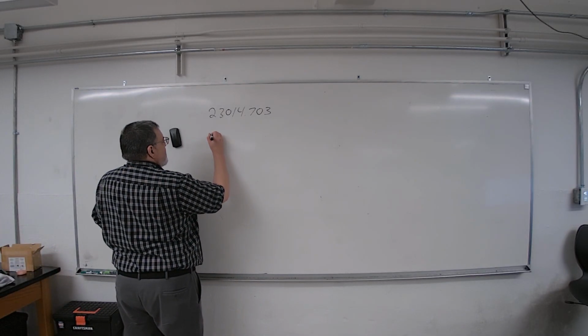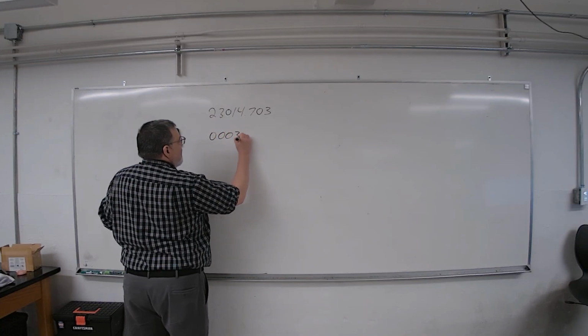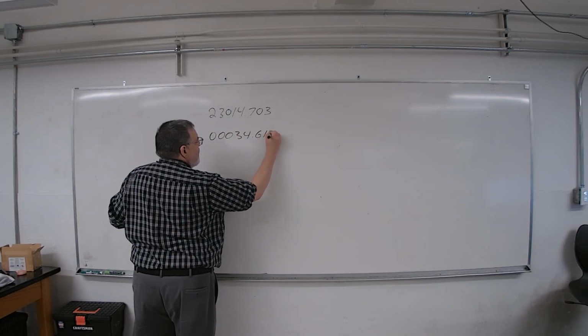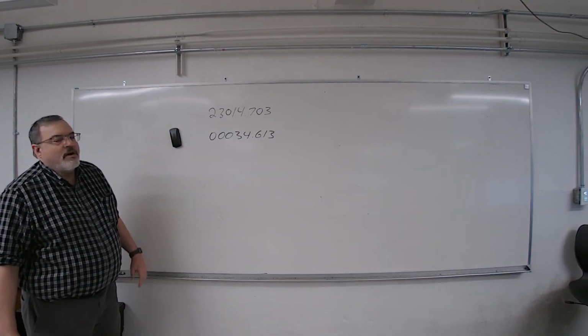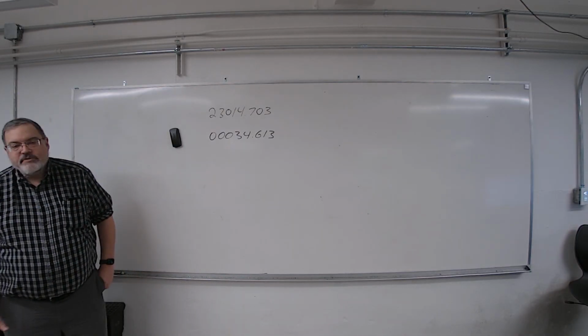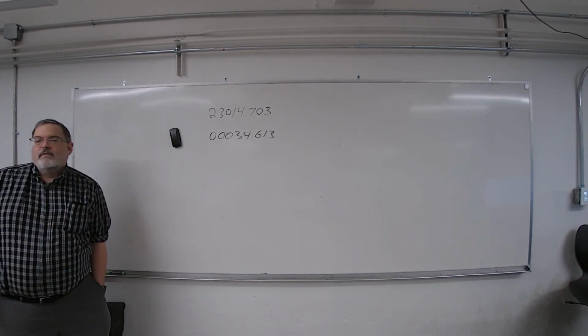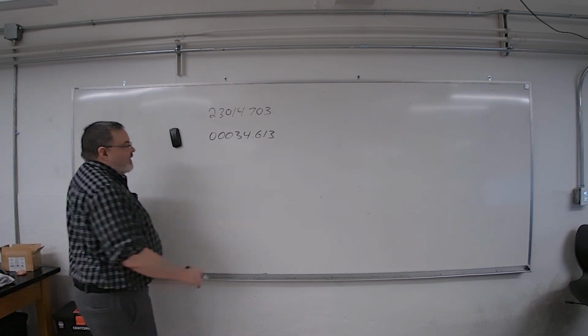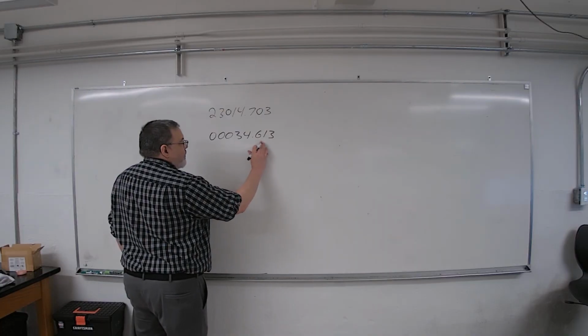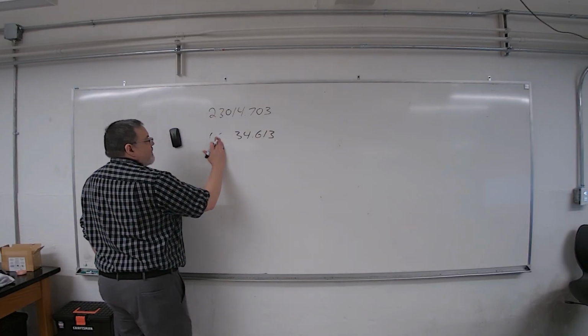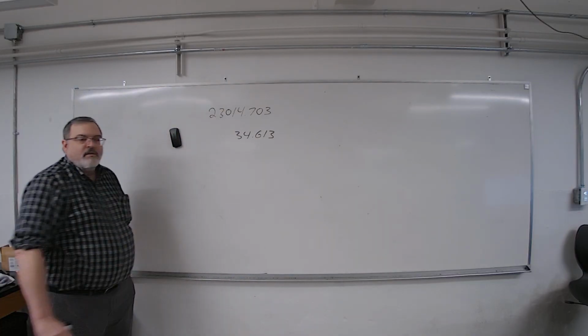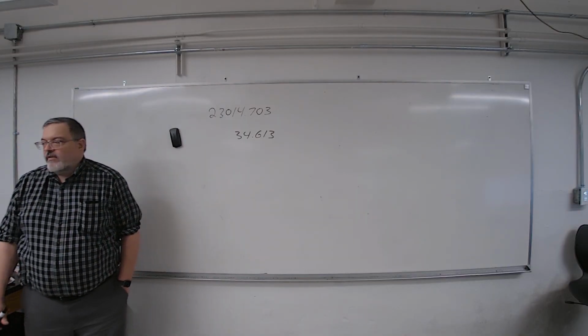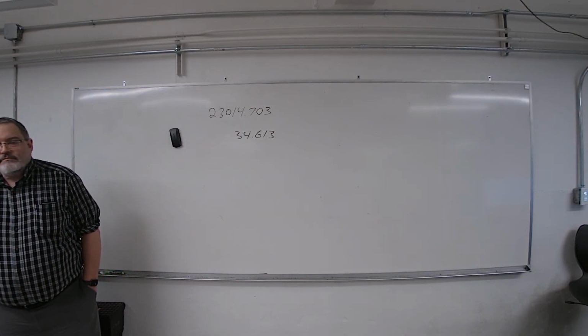Another way you see zeros is you might see, that's what we call leading zeros. Those never count. Those never mean anything. And that's kind of obvious too, right? In fact, if someone made a measurement and it was 34.613, they're just not even going to write those. You know what I mean? People usually don't even write those.